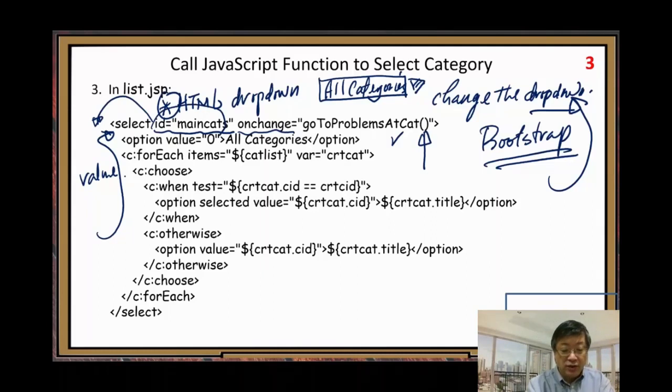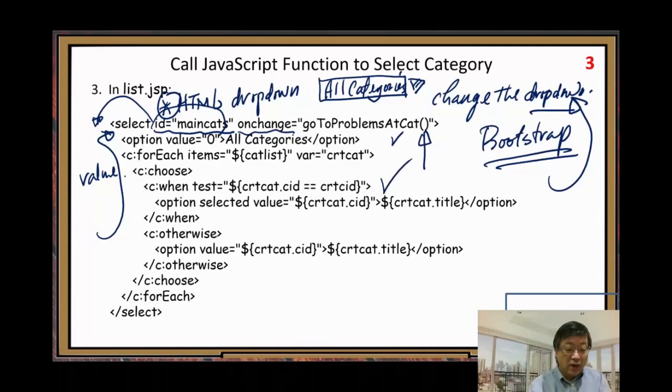So that's the reason we don't need to pass the value to this function. Go to problems at cat. Then to display the category, you can see, just the way we used before. So here we just copy the old code and modify a little bit. I think you can understand this part easily.